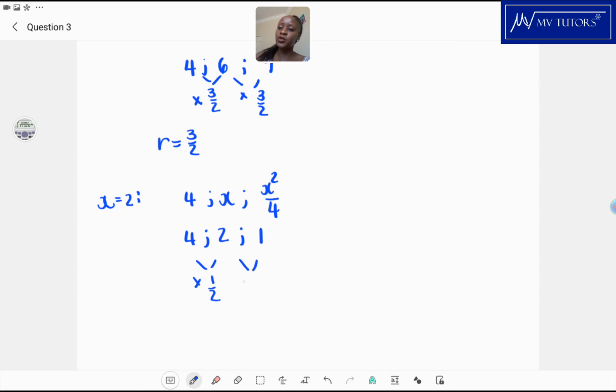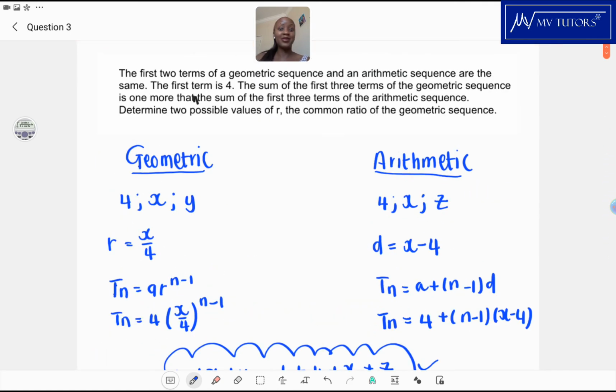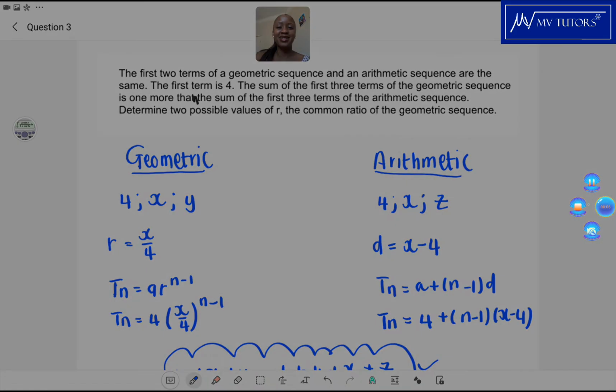And again, to get to 1, I had to multiply by a half. Therefore, r is equal to a half. So there are our two solutions, 3 over 2 and a half. And that sums up the question. We're done with question 3.